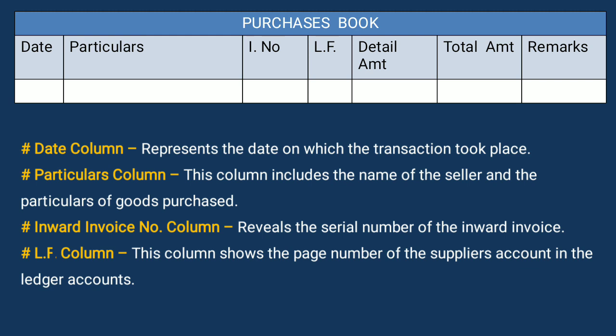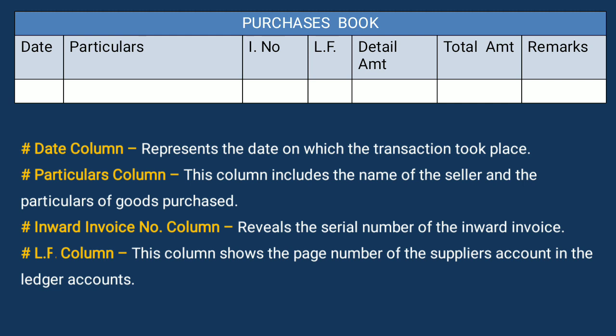When you purchase goods from someone, we debit the purchase account and we credit something. But here we don't have to credit anything, simply we mention the name of the party. In the invoice number column, whenever you purchase goods, definitely for that purchase there will be an invoice or bill.